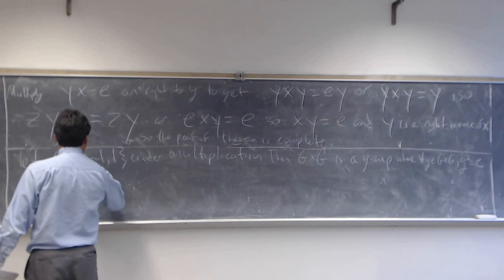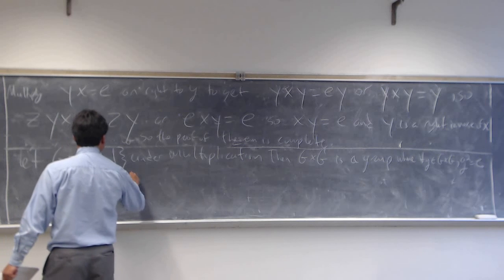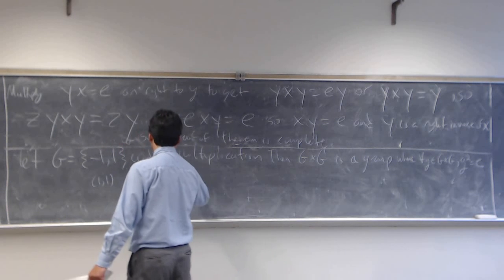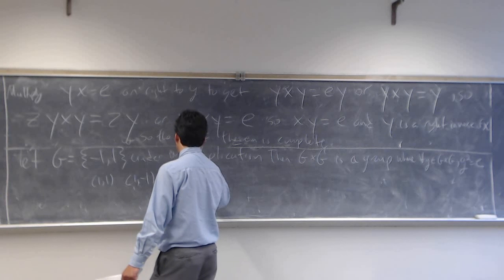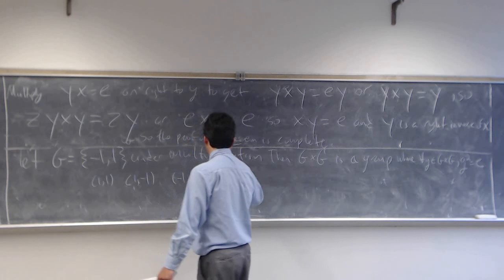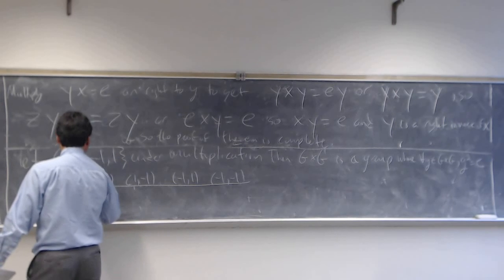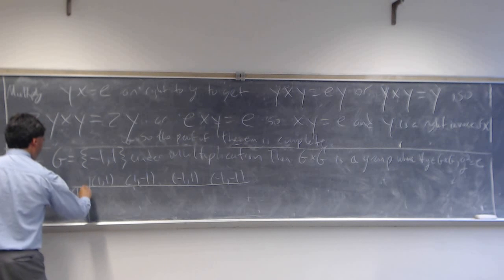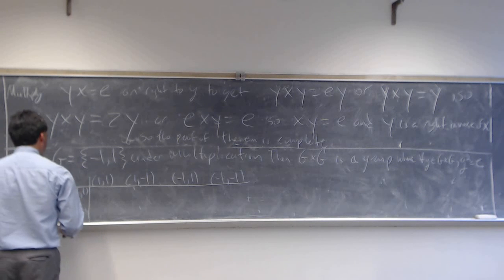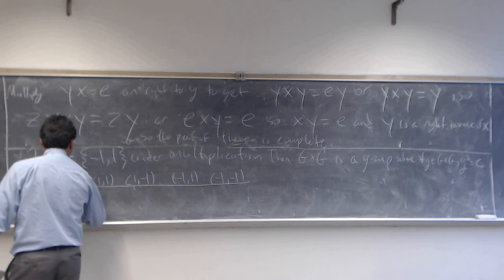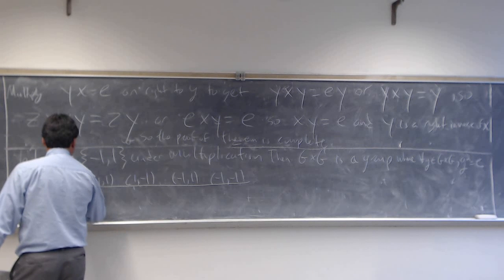So what are the elements of G cross G? (1, 1), (1, -1), (-1, 1), (-1, -1). I think I'm not going to have enough space, but we can at least do some of these.